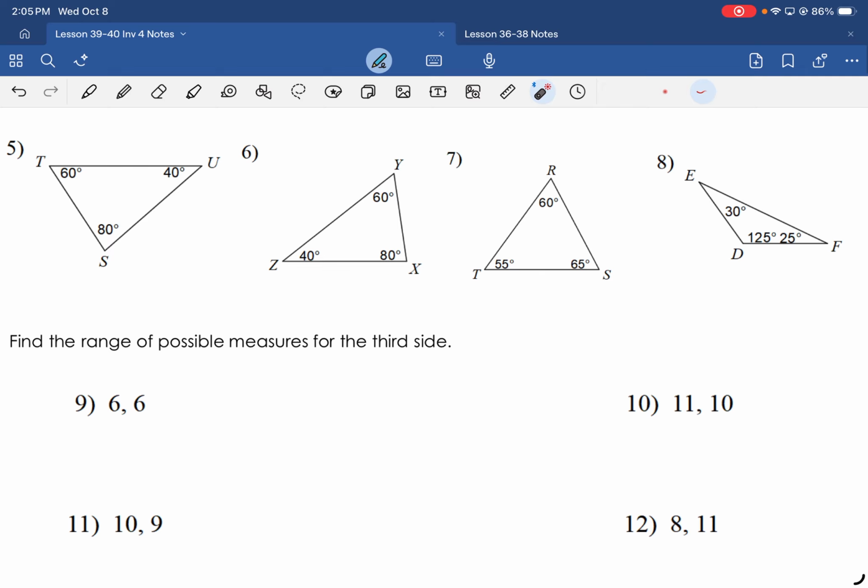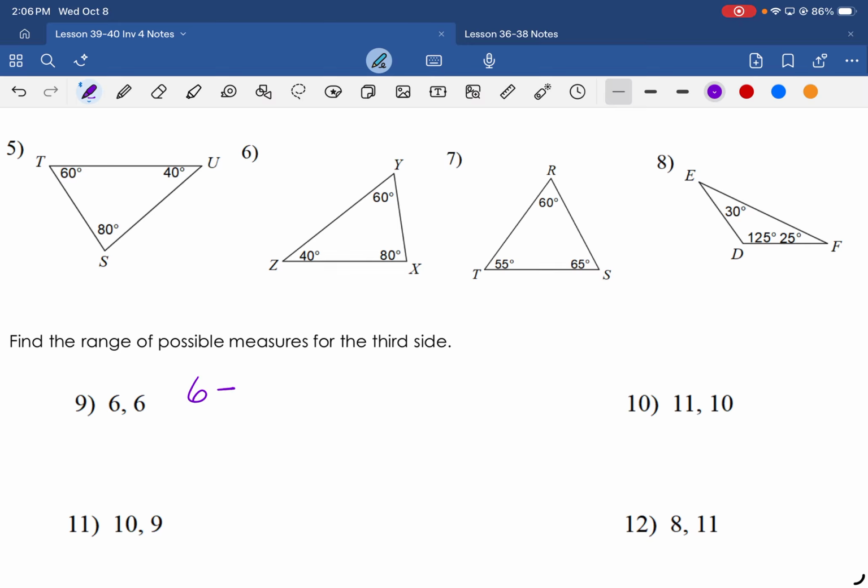Okay, so down here, it's saying that when you're given two sides of a triangle, so you see here 6 and 6, to find what the third side could possibly be, we're going to use a range. Okay, so write this down for me.